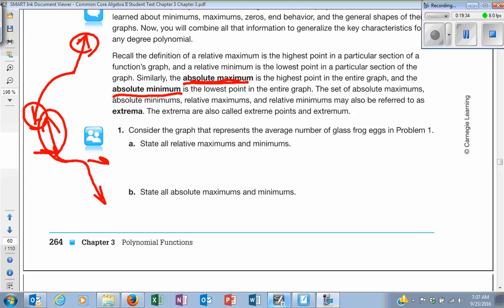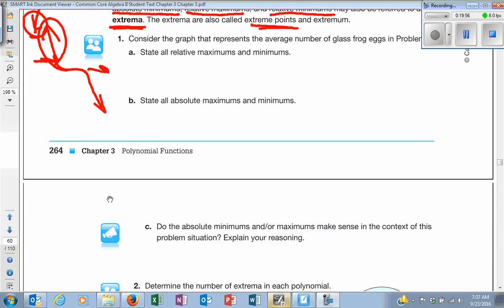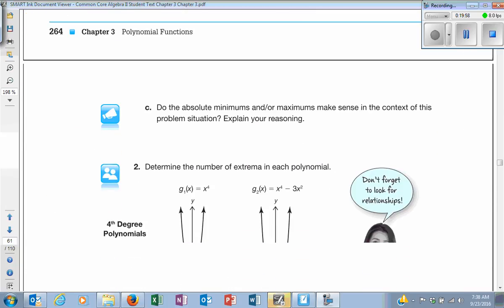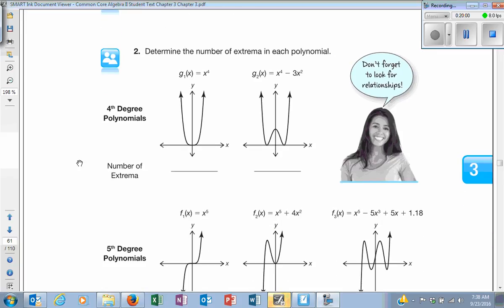So this is another important part. The set of absolute maximums, absolute minimums, the relative maximums, the relative minimums may be referred to as extrema. So here we go.